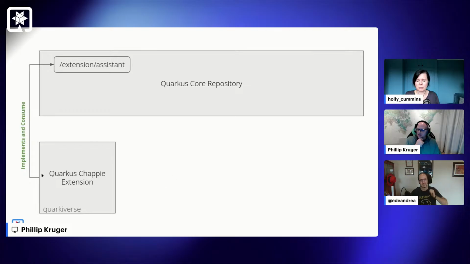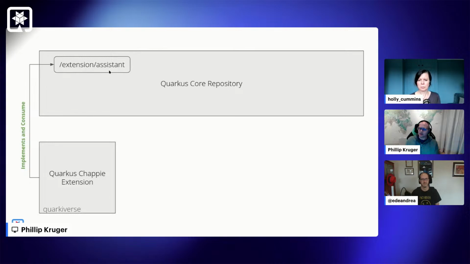Chappie then is an extension that lives inside Quarkus, and it implements an interface that is in Assistant, because there's an interface in Assistant called Assistant that allows you to do Assistant type stuff. Chappie provides a concrete implementation of this.